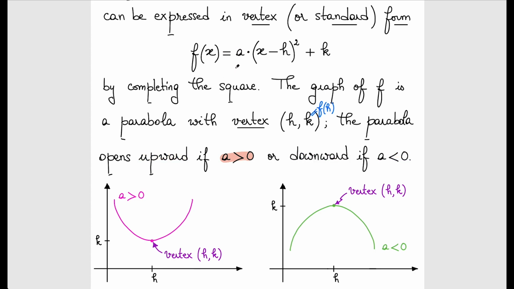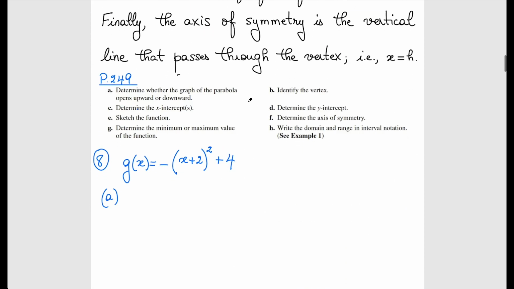So who's our a here in our context? It's -1. So since a is -1, which is negative, by the property above, we know that the parabola opens downward, correct?